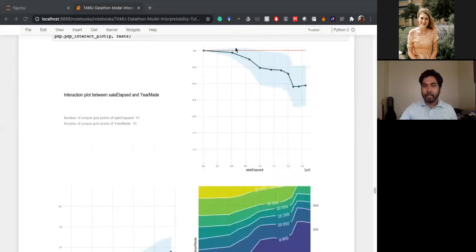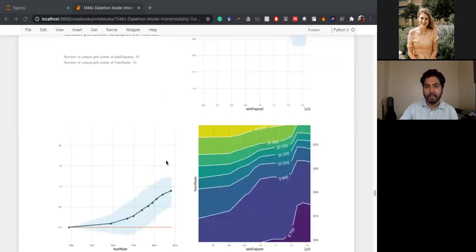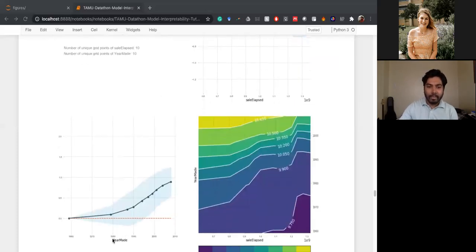Here in the top right, this is what we would expect: as the sale elapsed time increases, the price decreases, since these items were sold way back in the past. This is the plot we just did in the previous section, with just the price with respect to year made, which increases.